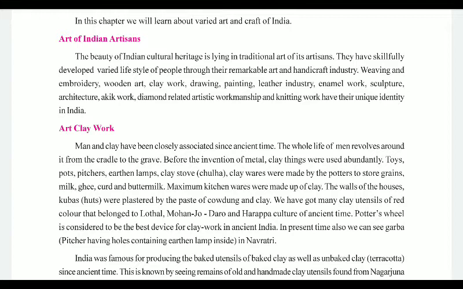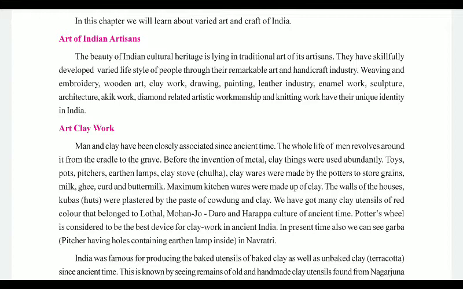Art of clay work. Man and clay have been closely associated since ancient times. The whole life of man revolves around it from the cradle to the grave.